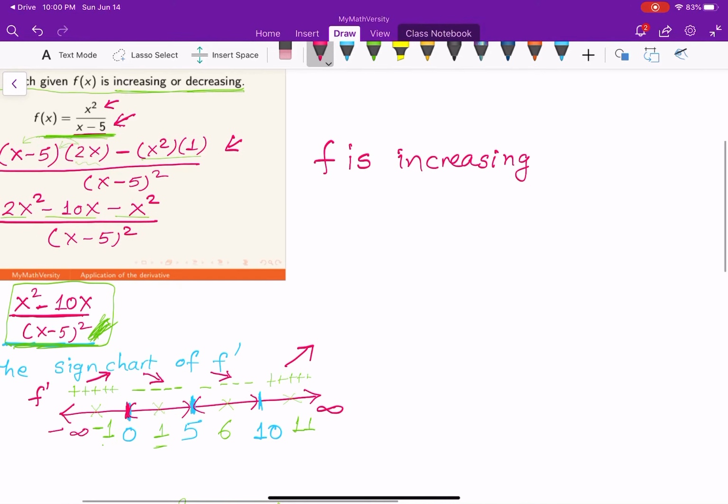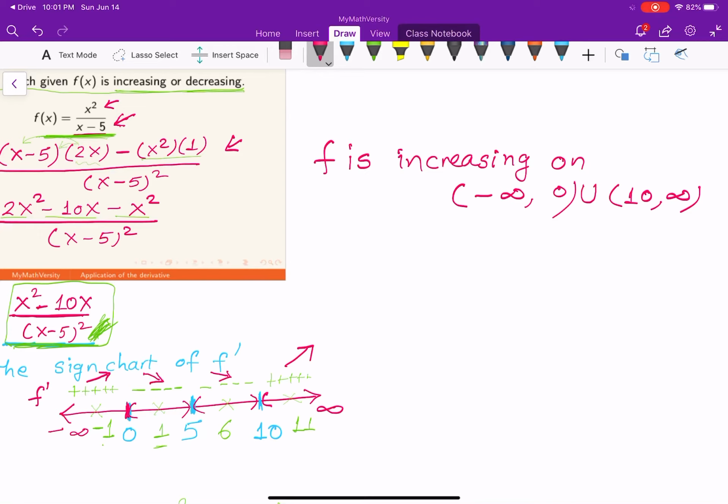f is increasing on, where was it increasing? From -infinity to 0, and then from 10 to infinity. Within these two subintervals the function was increasing, which we can combine with this union sign.